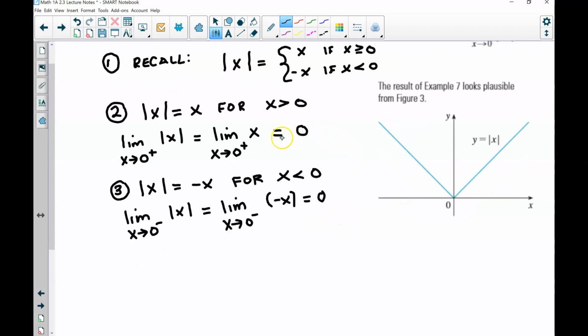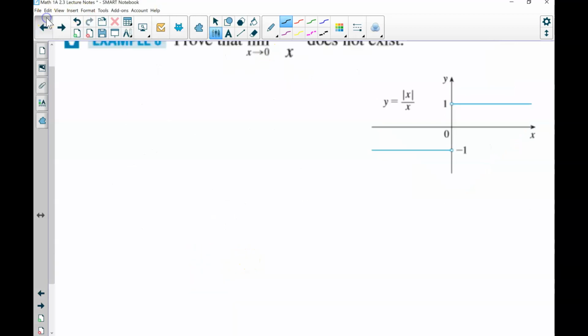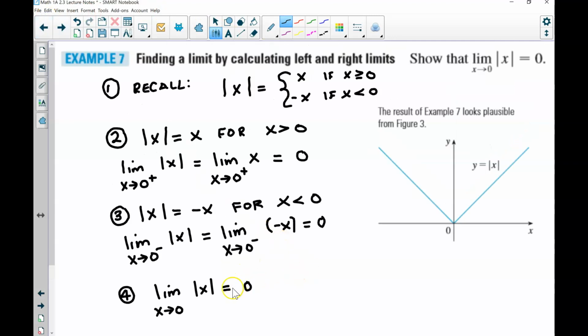Because the left and the right limits are approaching the same value, we can ultimately say that the limit as x approaches 0 of the absolute value of x equals 0.